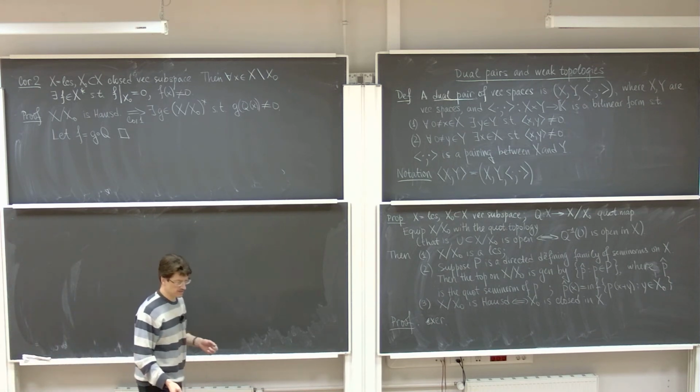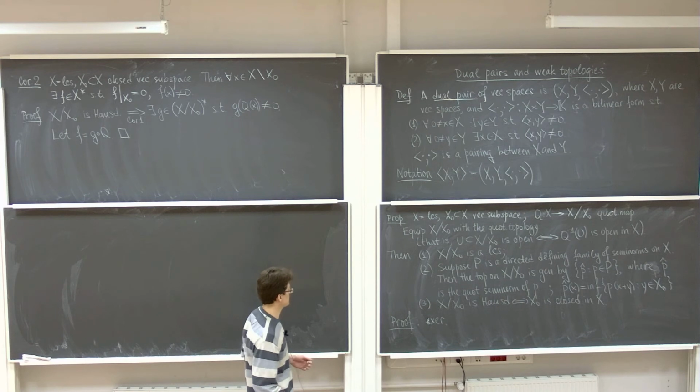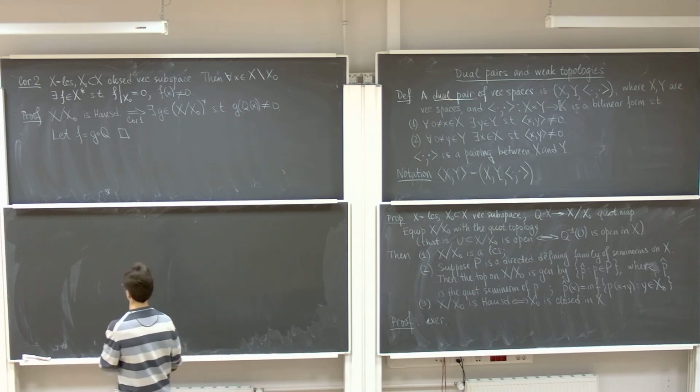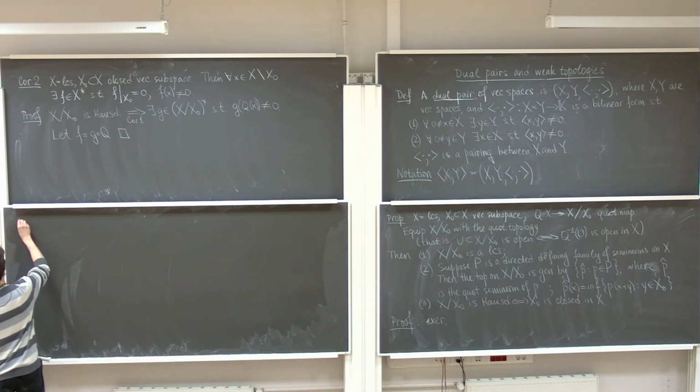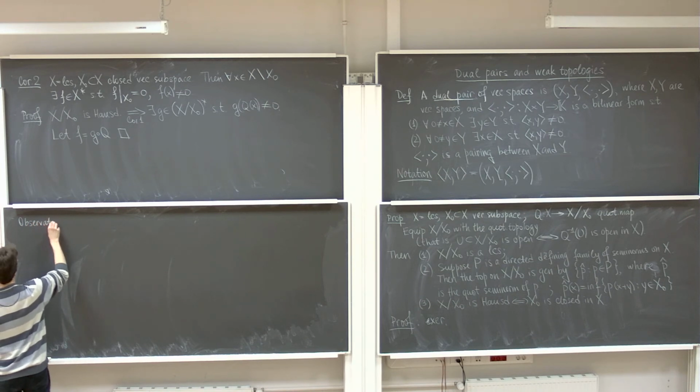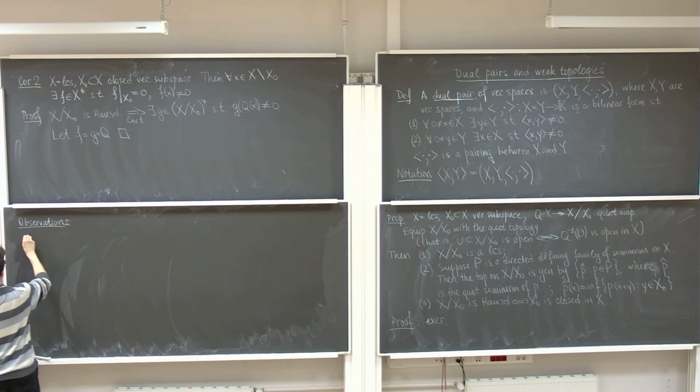Okay, let's make some simple observations which are immediate from the definition. The first observation is almost trivial, but in fact is very useful. The observation is that this definition is symmetric.